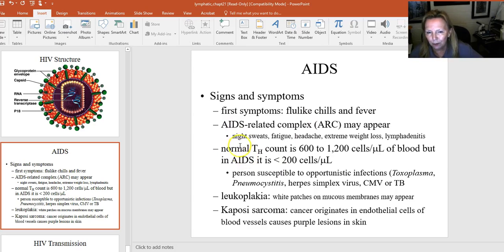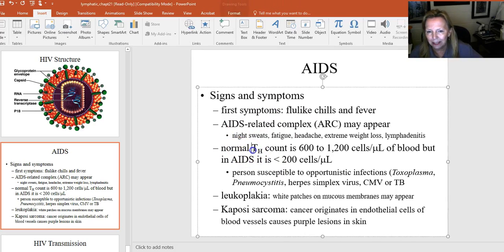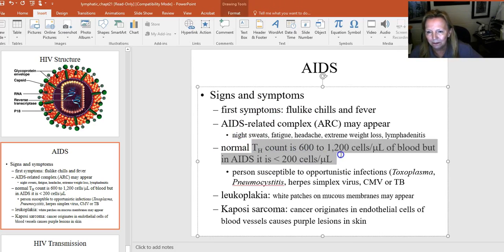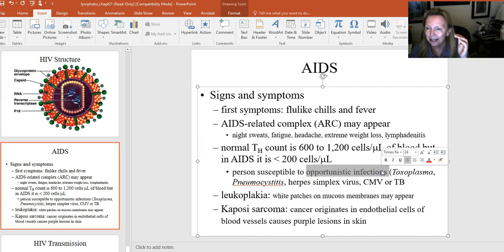I had talked to you about the idea that this virus attacks these helper T cells, and once they go below 200 cells per microliter of blood, you're now considered to be in full-blown AIDS, which means you're at risk for dying from opportunistic diseases. You should know that an opportunistic infection is something you would never have had unless your immune system was compromised and it was given the opportunity.